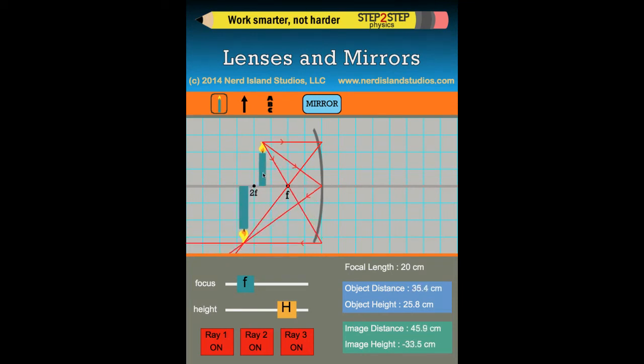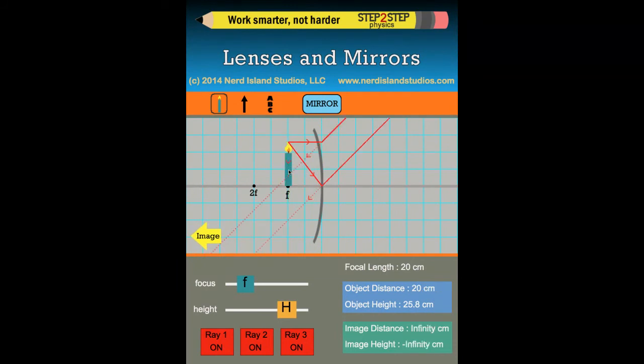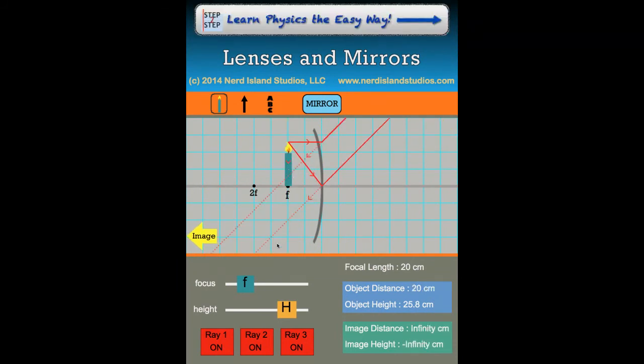If I keep moving inside, now I get the magnified image. If I go right to f, try to get there exactly. There we go. I get no image at all because the lines are parallel. They never connect. And then inside of f is when I get the large virtual upright image.